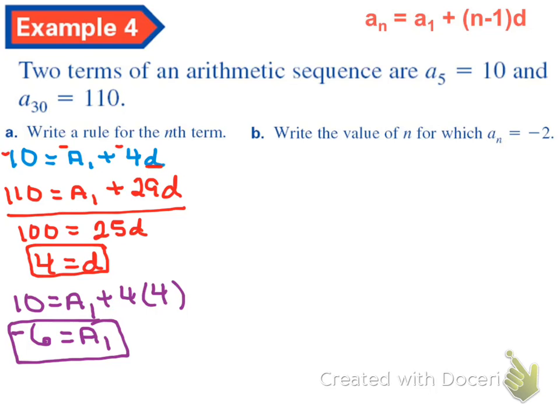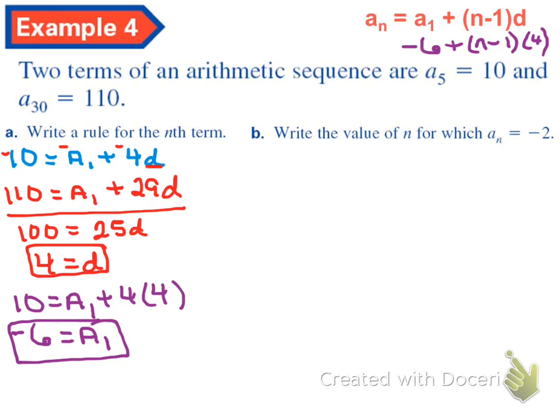Remember, a rule for any term is always equal to the first term, which we now know is -6, plus any term minus 1 times the common difference, and the common difference is 4.